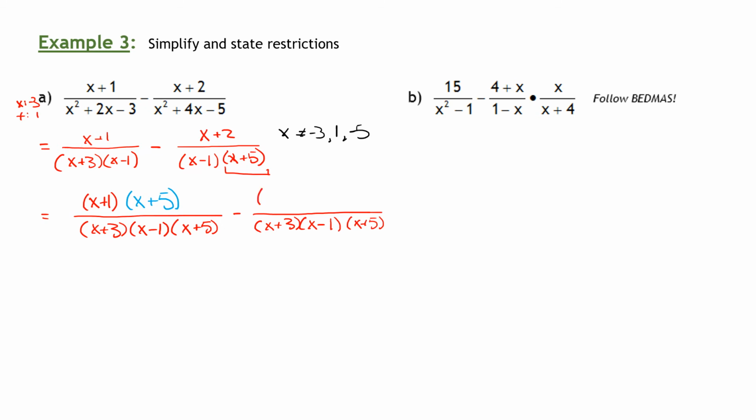My next numerator was a binomial, x plus 2, but now it needs something else. What does it need? It's got an x minus 1 and x plus 5. We also need an x plus 3. So now I've got some binomial expansion to do in my numerators, or FOIL.